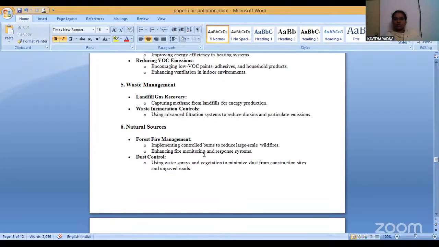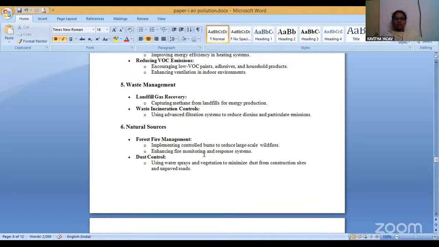Then coming to the next one, waste management. Landfill gas recovery, capturing the methane from landfills for energy production. We are going to use methane as a fuel or gas, which is a good thing.